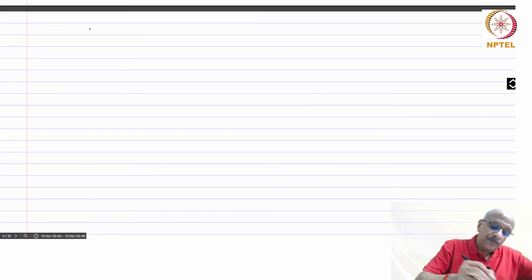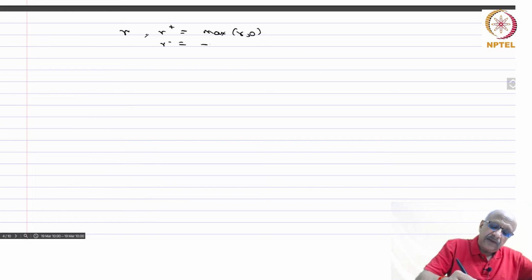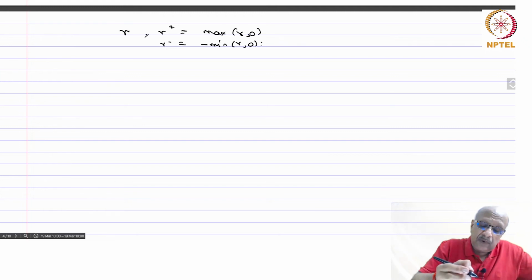So now, given a real number r, we write r⁺ equals max of r and 0, and r⁻ equals minus min of r and 0. So in other words, it is just like writing the positive and negative parts.